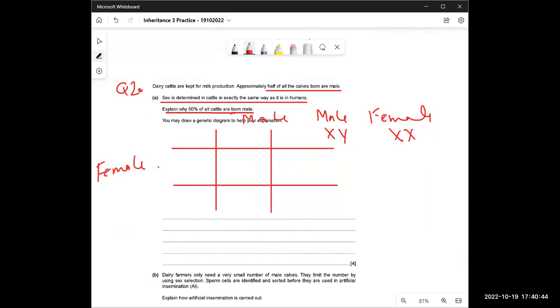Sir, I have a question. Is it a problem if I write XY on top or XX on top? You have to show XY and XX, but you can change the places. Yeah, you can do that, no worries. It doesn't make a difference.